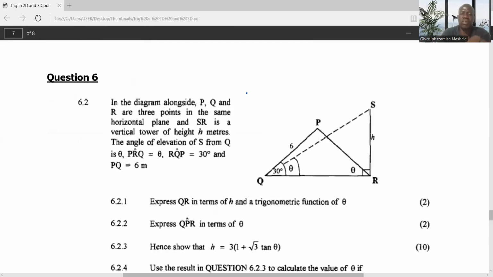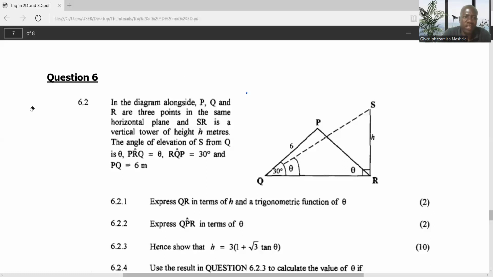But let's look at question 6. In the diagram alongside, P, Q and R are 3 points in the same horizontal plane. And SR is a vertical tower of H meter. SR is given there.